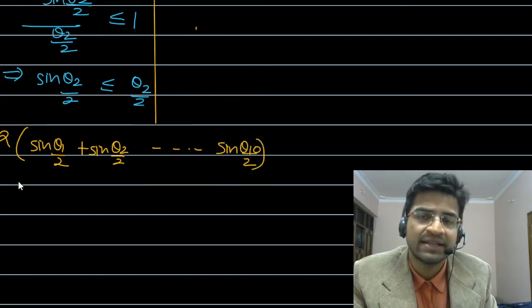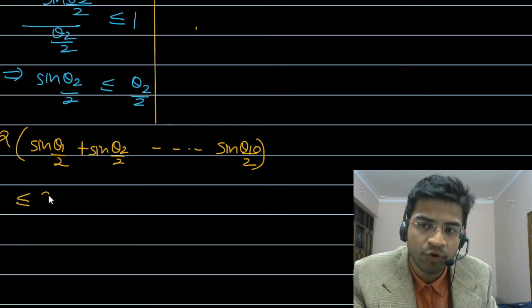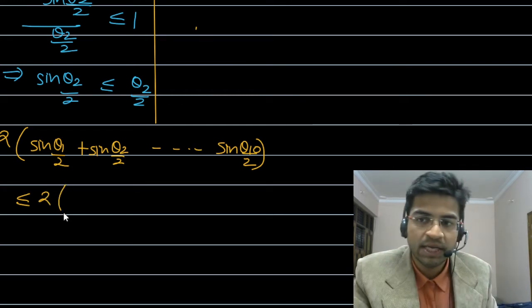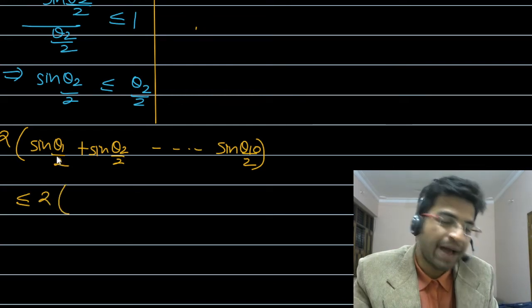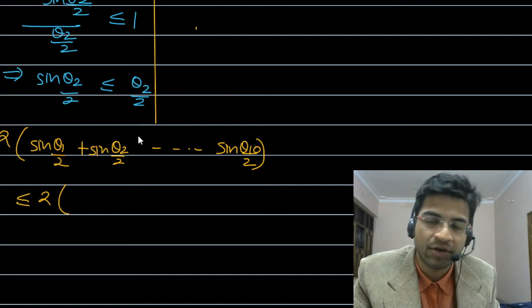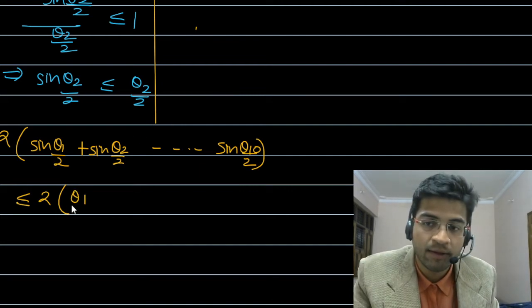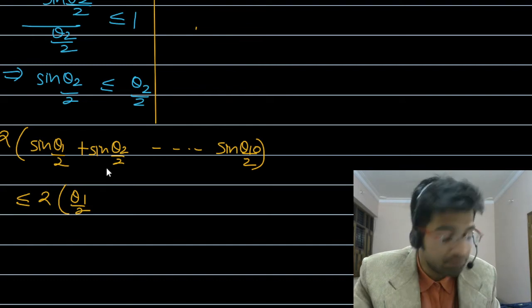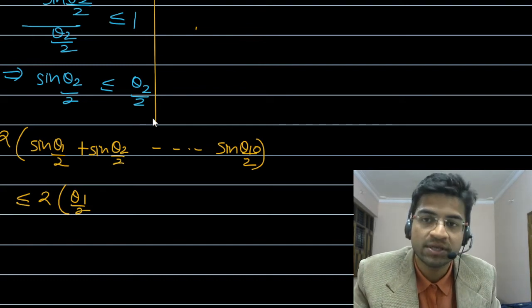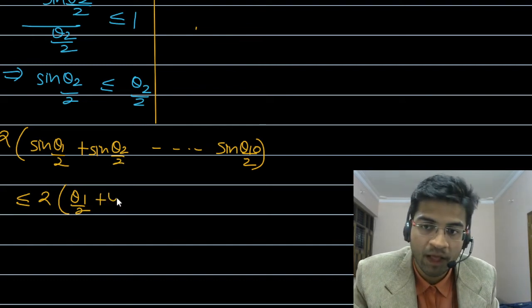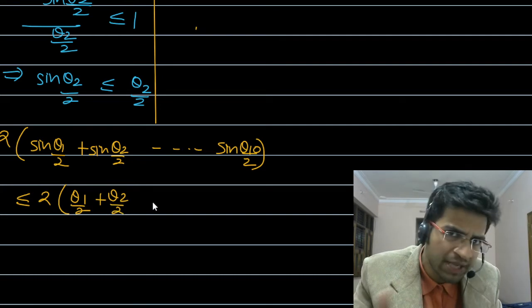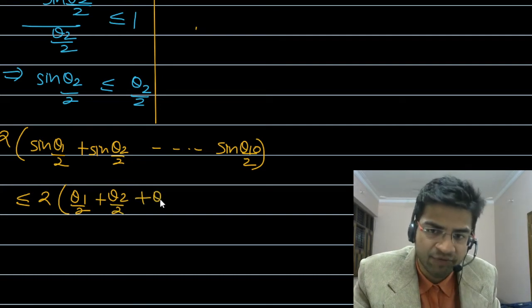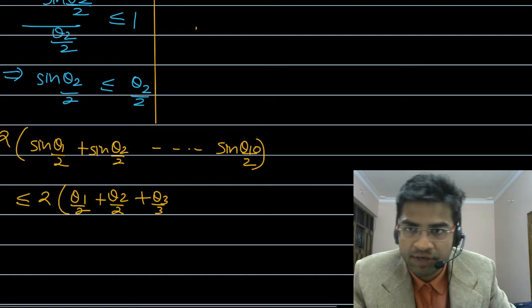And we say that its maximum limit is 2 times the bounds, because 2 is outside, right? Maximum limit of sine theta 1 by 2 is theta 1 by 2. Maximum limit of sine theta 2 by 2 is theta 2 by 2. And it goes on, it is true for all the expressions, isn't it? Next will be theta 3 by 2.